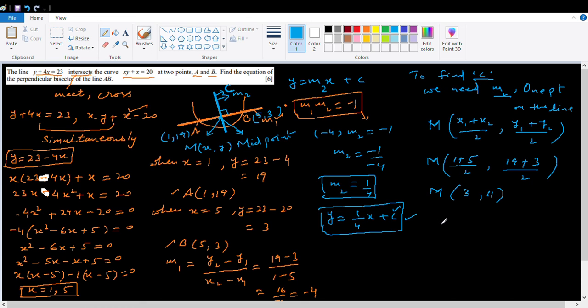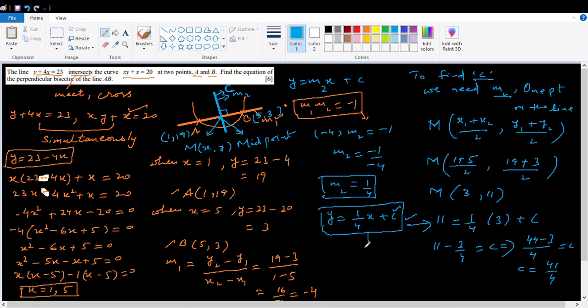Now plug in these values for x and y in this equation and get the value of c. So 11 equals 1 over 4 into 3 plus c, and 11 minus 3 over 4 equals c, which implies 44 minus 3 over 4 equals c, and c will be equal to 41 over 4.